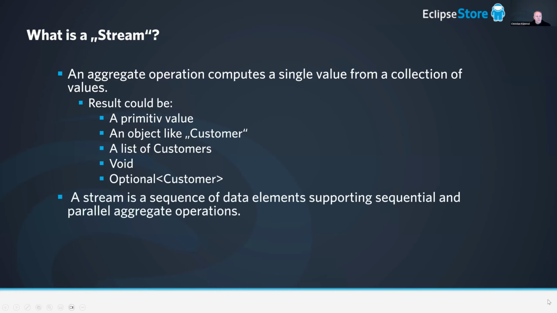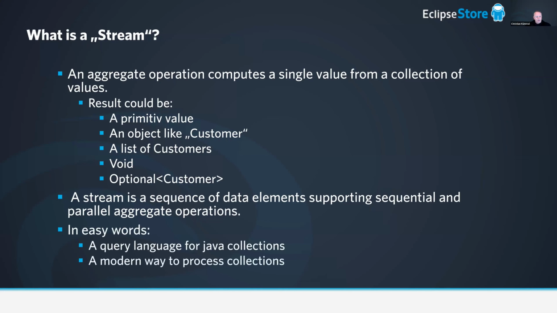That is also interesting. So that means a stream is a sequence of data elements supporting sequential or parallel aggregate operation. That is also an interesting point. We are able to aggregate sequential or parallel. I will explain that a little bit later.